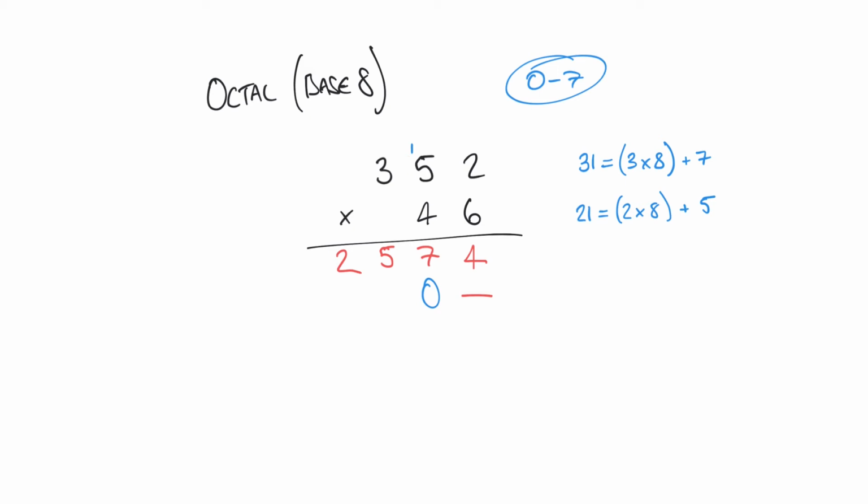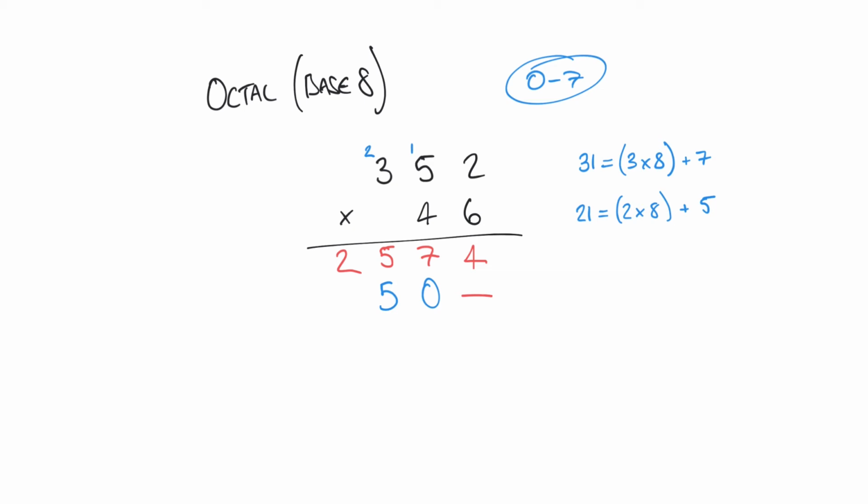From our 21 again, we've already worked out that 21 is made up of base 8: 2 groups of 8 plus 5. We saw that in a previous section, so we can use that same formulation again. We can put 5 in our next digit here and carry the 2.